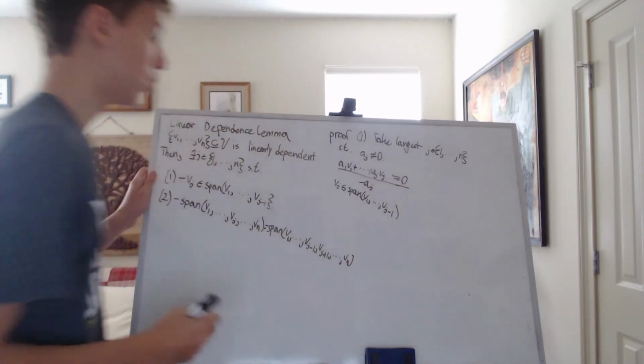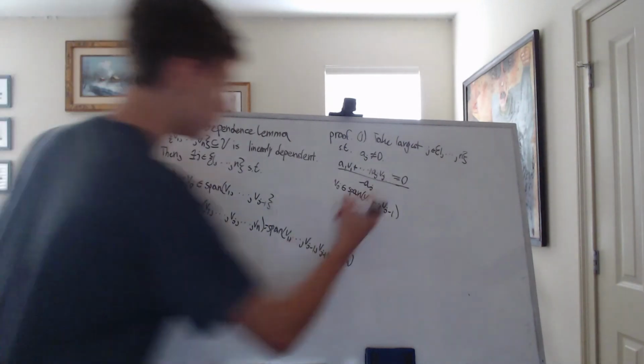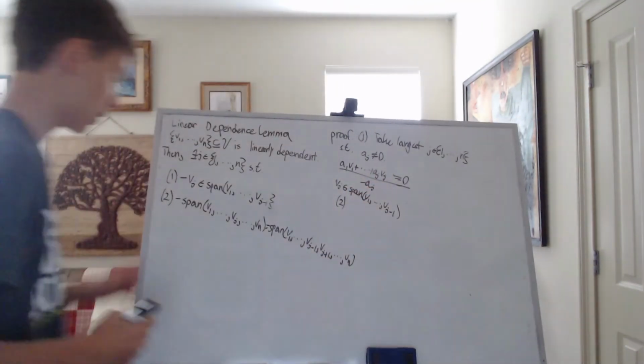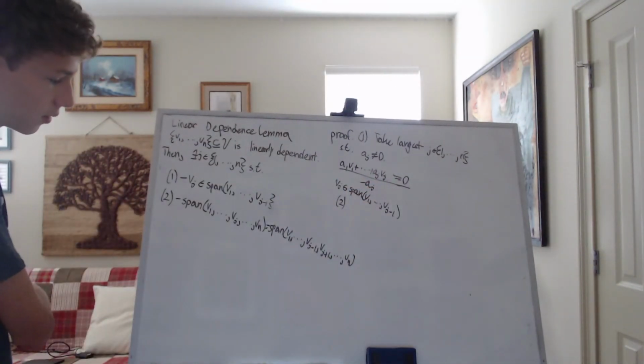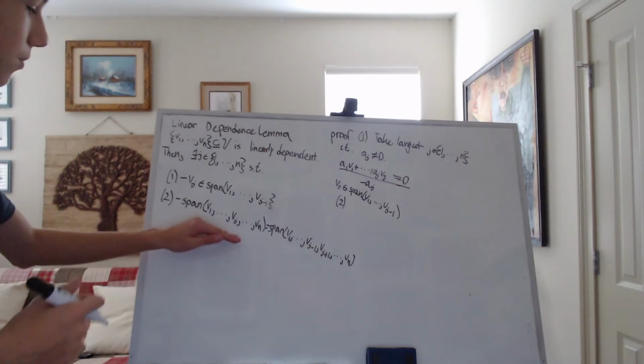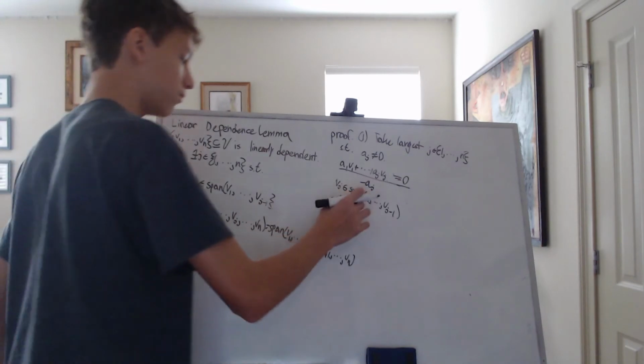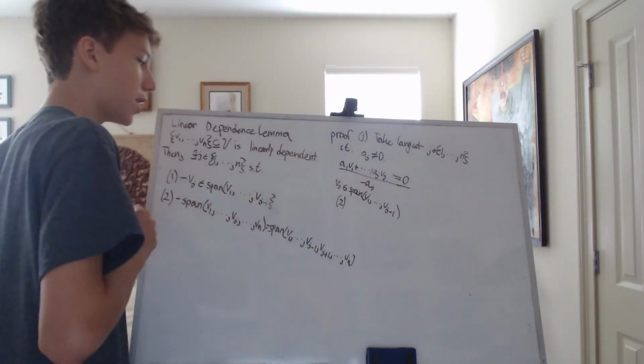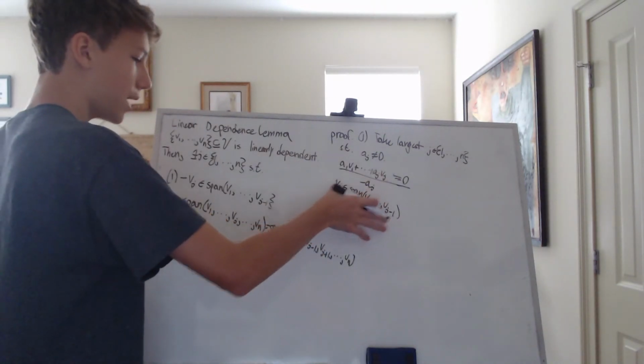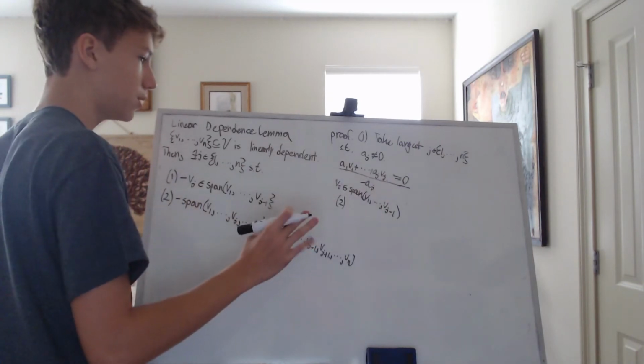All right, good. Proof of the second claim. So the span is unchanged when we remove vj. Well, we can quickly see why that's the case, because we've written vj as a linear combination of the previous vectors.